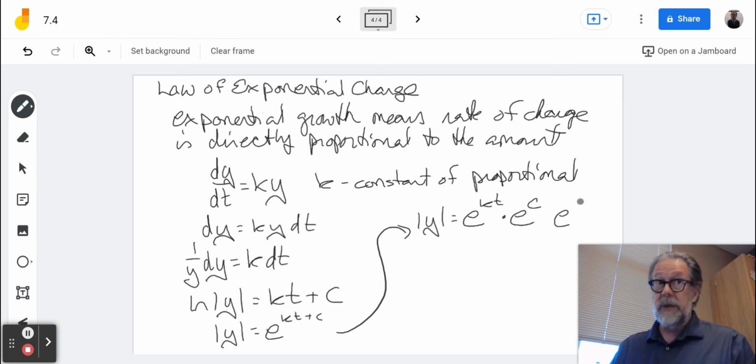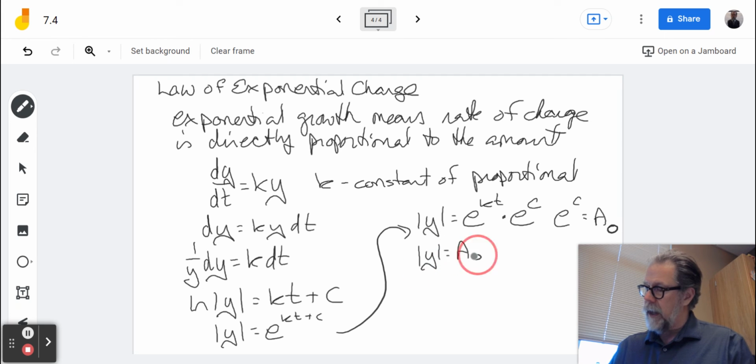But e to the constant value is just some value a, and if we call this a sub 0, this is the amount at time 0. And if we think about plugging in t equals 0, e to the 0 is 1. And so at time 0, we've got e to the c, which means that absolute y becomes a sub 0, my initial value, times e to the kt.